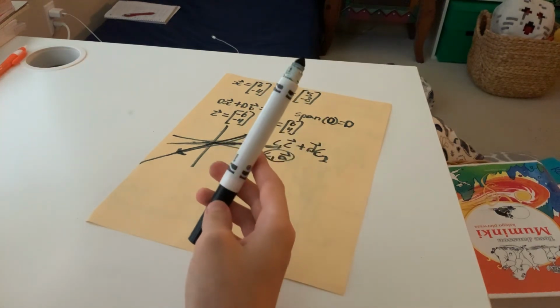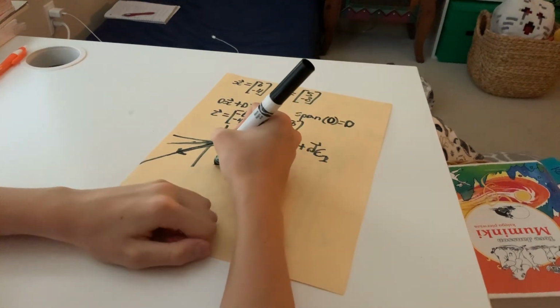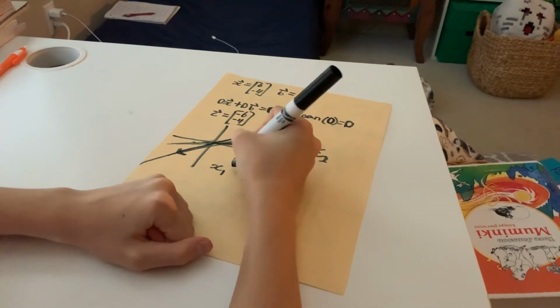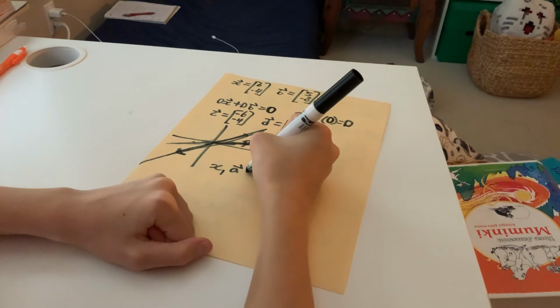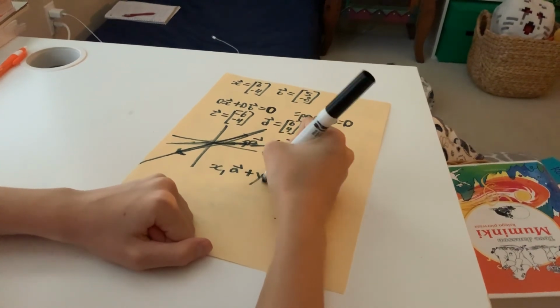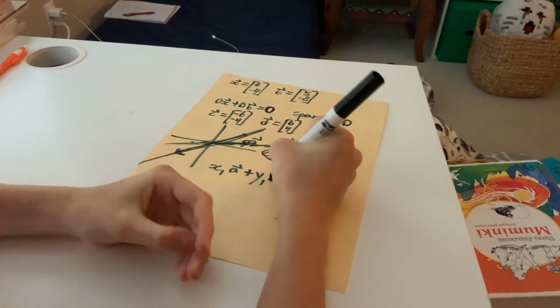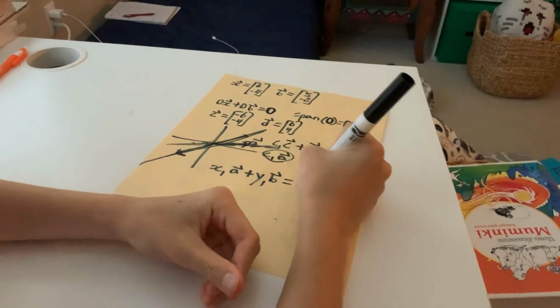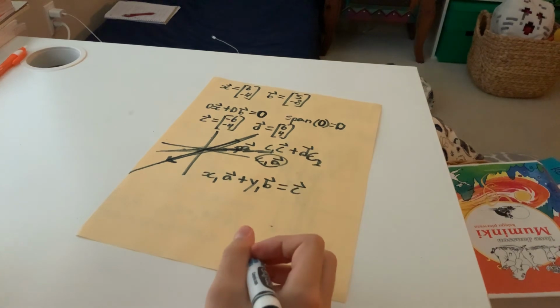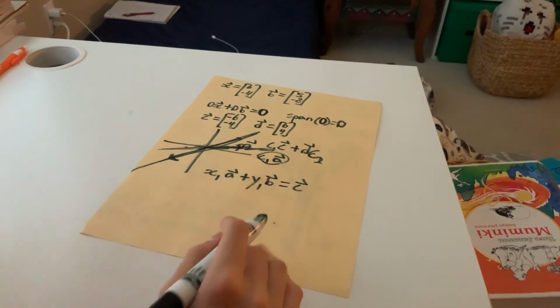It's hard to explain, but let's say you have some x1 times some vector a1 plus some y1 times vector b, and that is equal to some vector c, and these are defined, but we're just not worried about defining them right now.